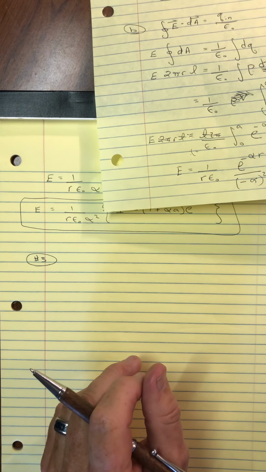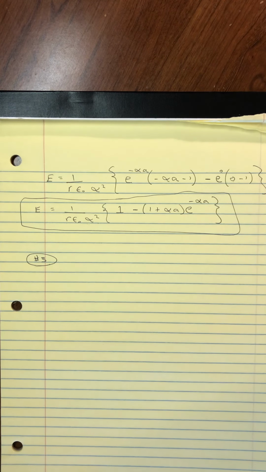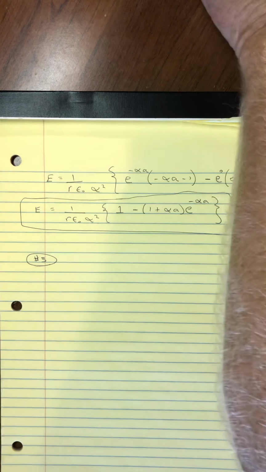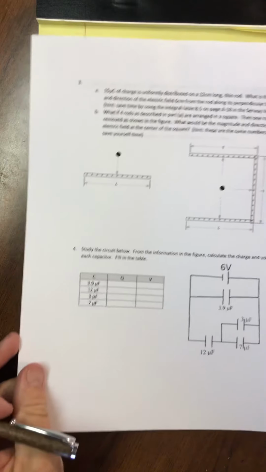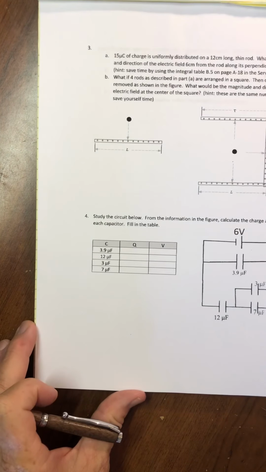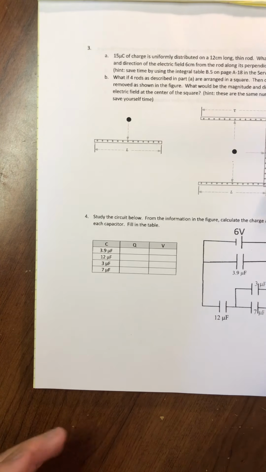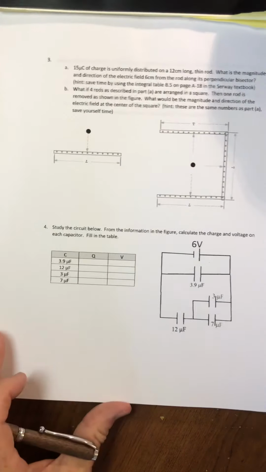All right, well, with that in mind, I'll move on. Let me put this away. Let's see, where are we? Number 3. So, bringing the test over here. Here is 3A, saying, all right, find the electric field at this point.